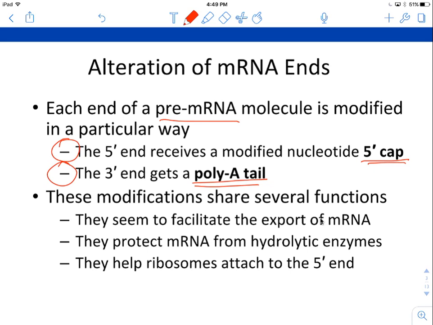Now these modifications are for a couple of reasons, and they help to protect the RNA from being chewed up and destroyed before it gets translated. They seem to facilitate export of mRNA from the nucleus to the cytoplasm. And they also help ribosomes find and attach to the 5' end.